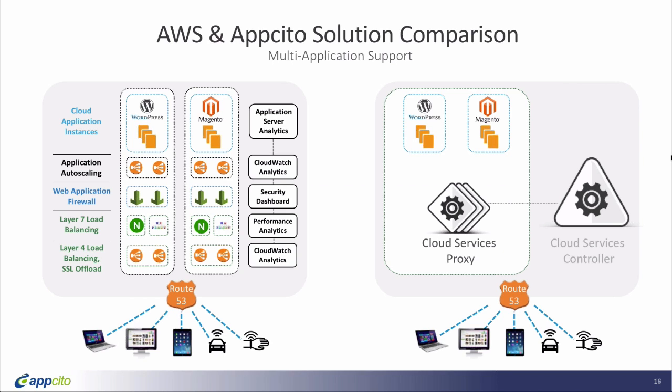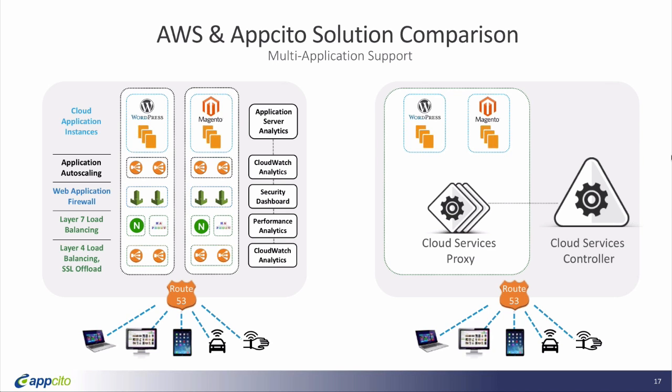We have a built-in web application firewall, and we have the advanced capabilities of L4 to L7 load balancing. So all of this provides a very rich functional solution that as our customers look then to scale their applications, they can do one configuration set and then push that down to the Cloud Services Proxy.